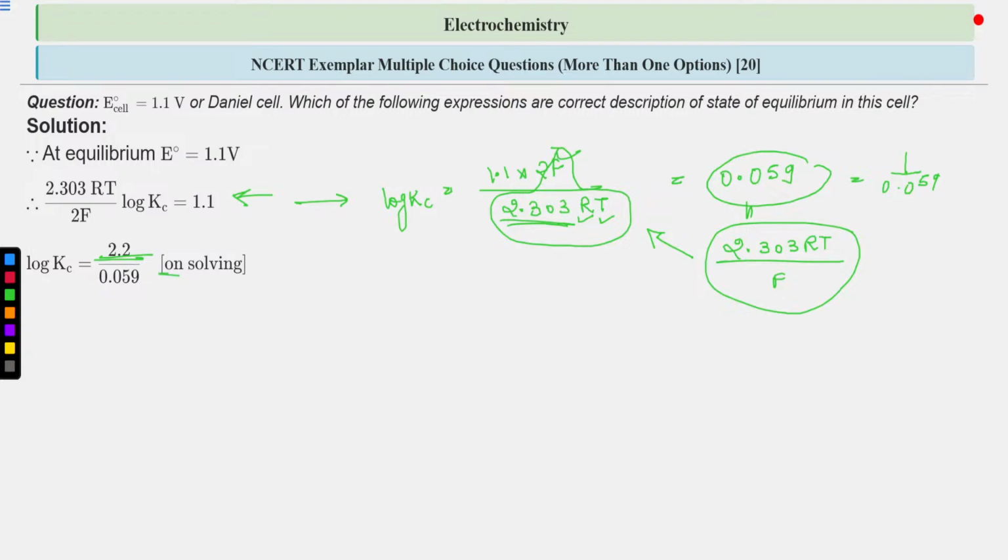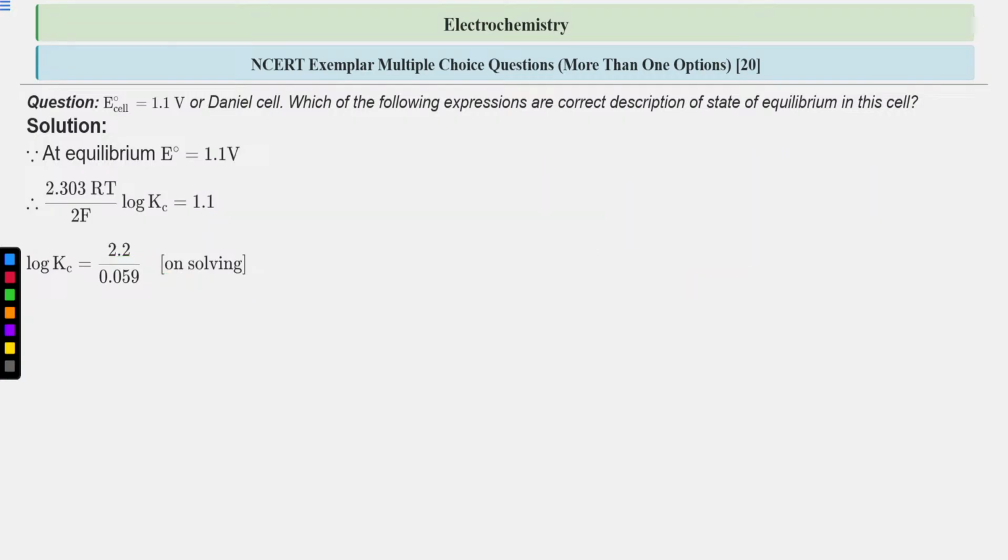So these are the two options, the second one and the third one, which represent the equilibrium state condition or expression. Hence, the second and the third options are the correct answer for this given question. Okay.